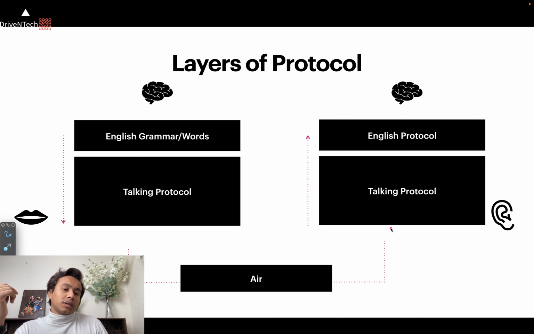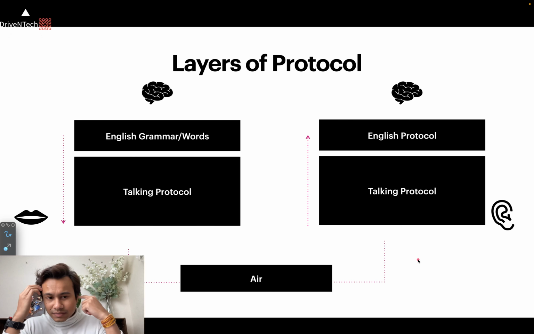So the other person, if he can hear our sound or our discussion, or sorry, whatever we are saying, if his or her ear is working correctly, and he or she is at a proper distance where they can listen, they should also have a talking or listening protocol.